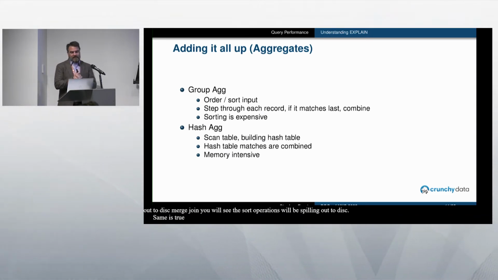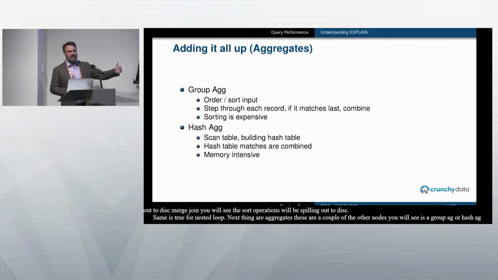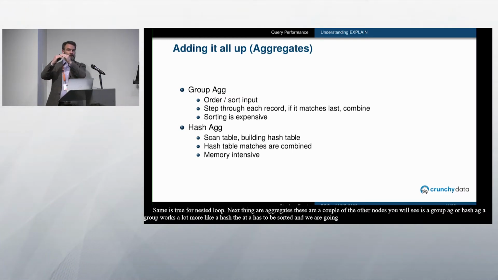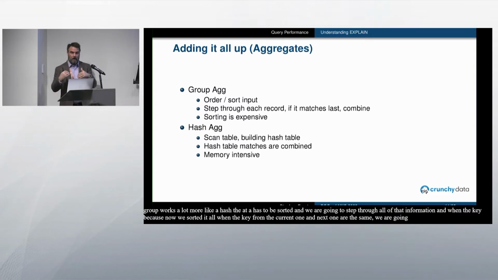Next thing are aggregates. These are a couple of the other nodes that you'll see: a group agg or a hash agg. Group agg works a lot like a merge join in that the data coming in has to all be sorted, and then we're going to step through all of that information. Because we've sorted it all, when the key from the current row and the next one are the same, we're going to aggregate those rows together and keep going.